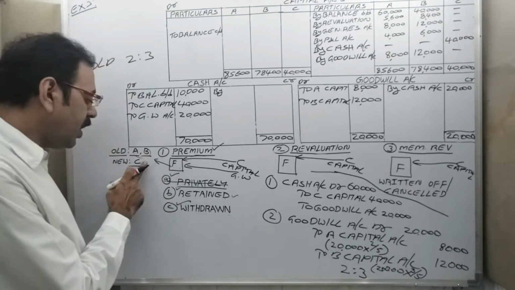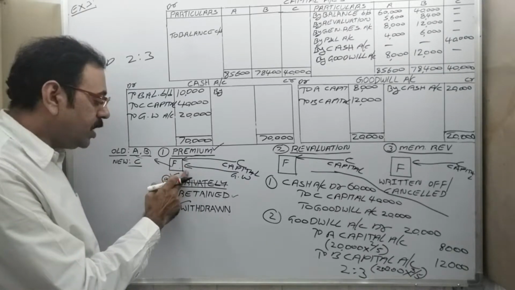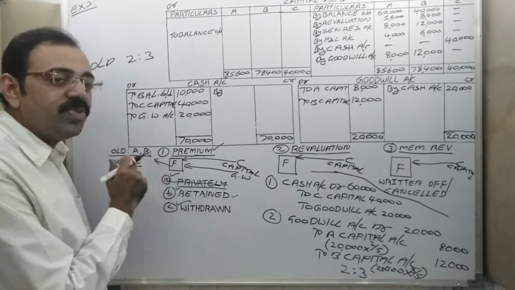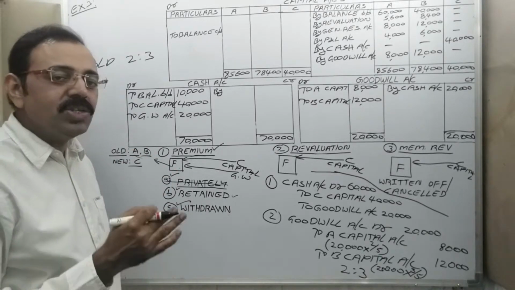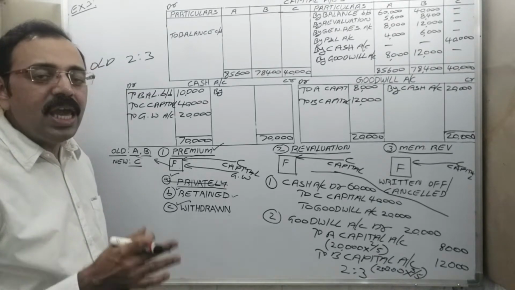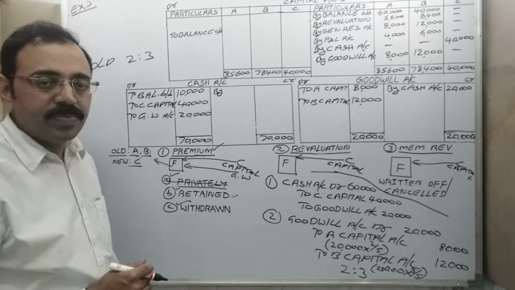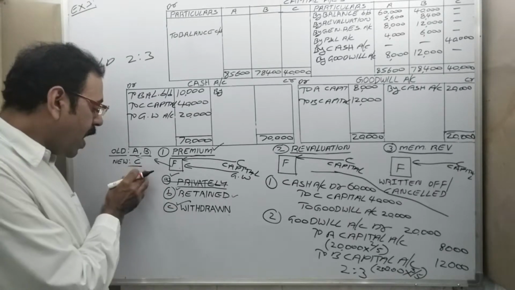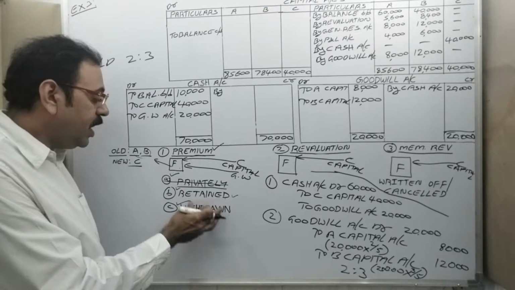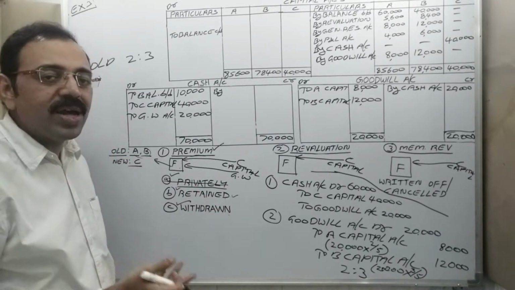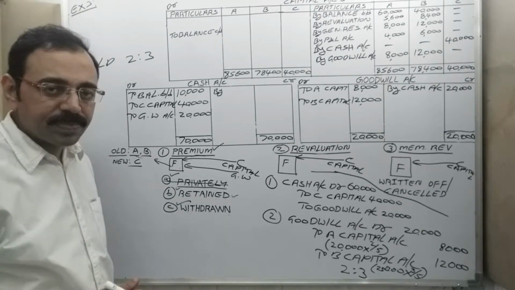When partners are taking goodwill from the firm, it is nothing but they are withdrawing some amount from the firm for their personal use. So for drawings, what entries do we write? Same entries we are supposed to write in case of premium C. So remember, when old partners are withdrawing the goodwill, what is the meaning of that? They are taking some amount from the firm for their personal use. It is nothing but drawings.